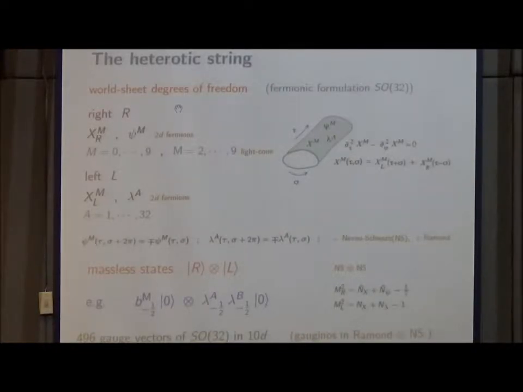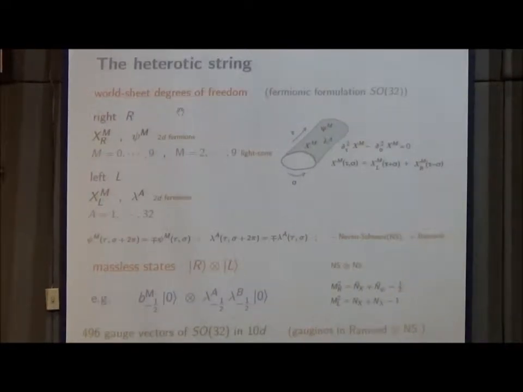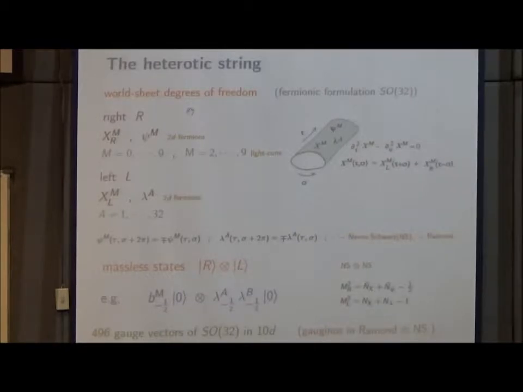For me, the right sector is the Neveu-Schwarz-Ramond sector, where the degrees of freedom are the usual ones of the fermionic string in 10 dimensions. So you have some right-handed coordinates and some right-handed fermions. These are fermions on the worldsheet in 2 dimensions. But this index here is also a vector.